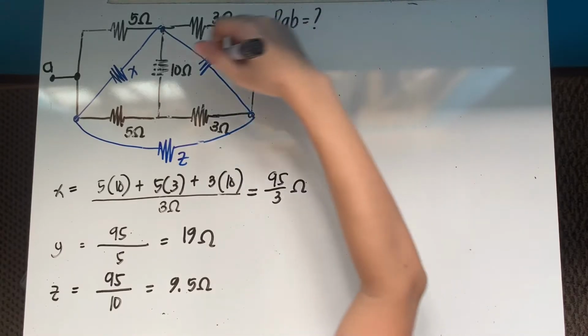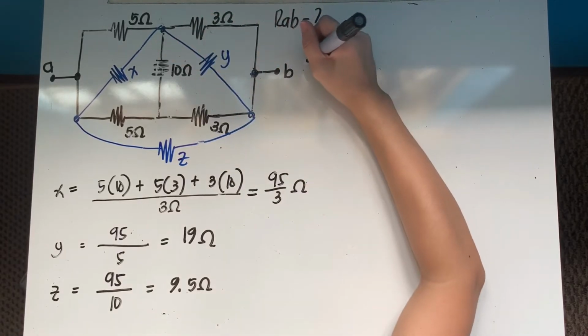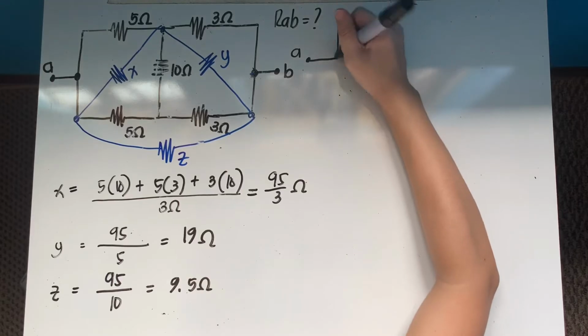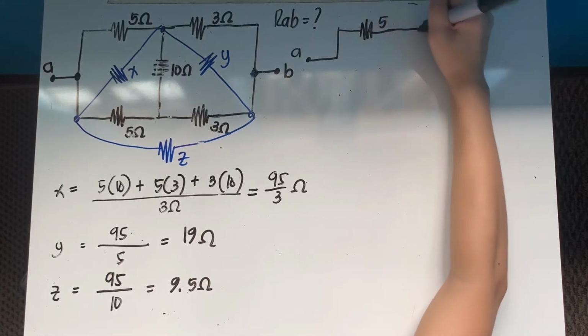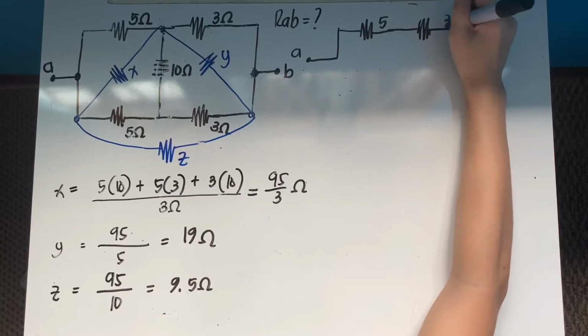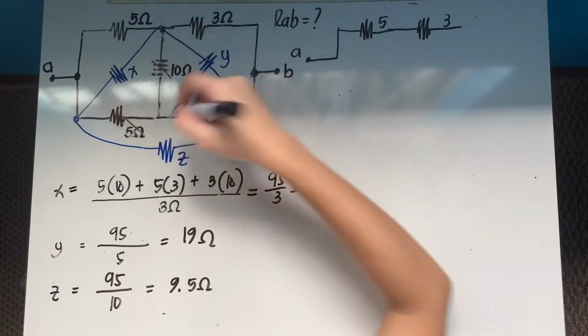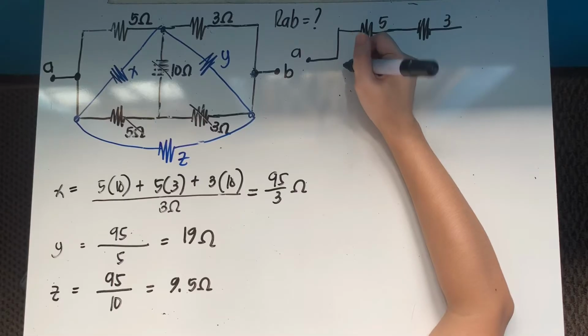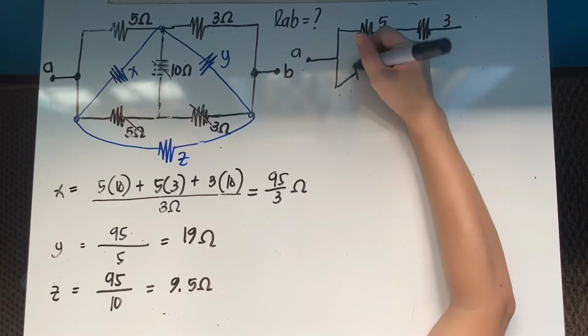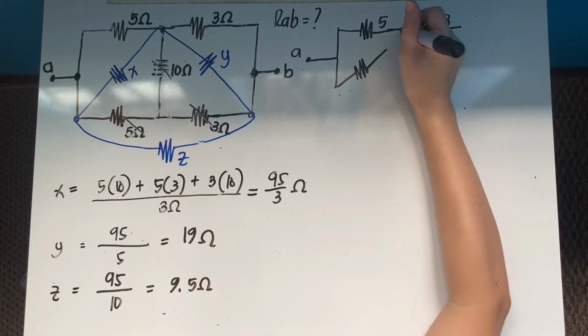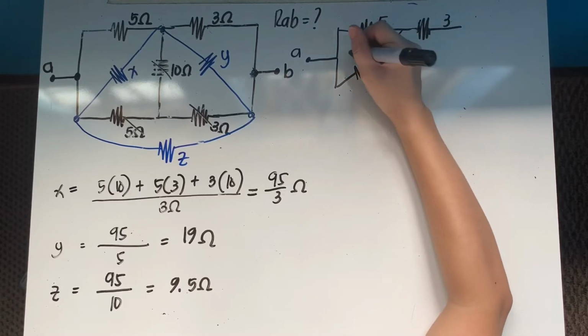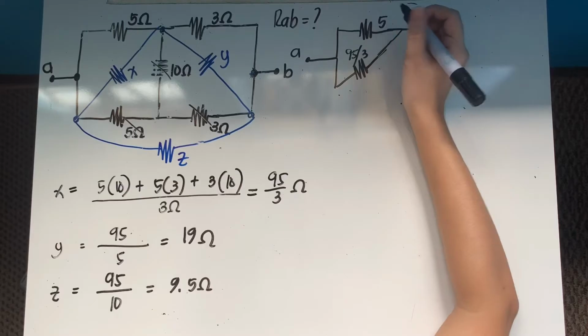Di ba? So, kapag nag-redraw ka ngayon, you have terminal A, you have 5 ohms, and then you have 3 ohms, hindi naman natin yung kinonvert. Ito yung mawawala. So, i-replace natin yan with an X. Ano ba yung value ng X natin? 95 over 3.